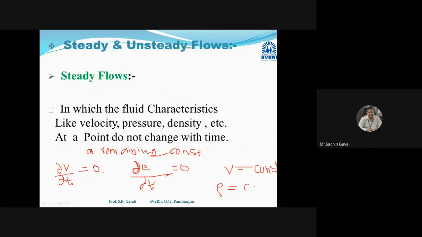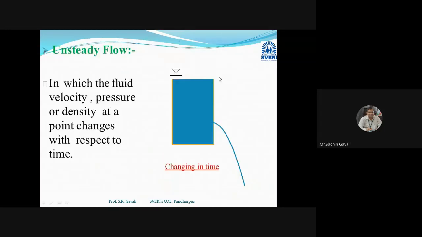Or we say that pressure at one particular position, dou p by dou t is equal to 0, or pressure is constant. These types of flows are called steady flows.